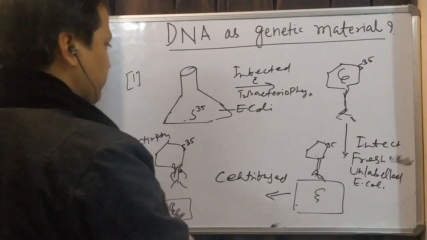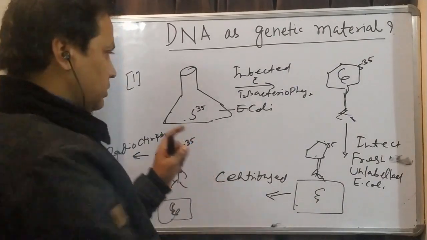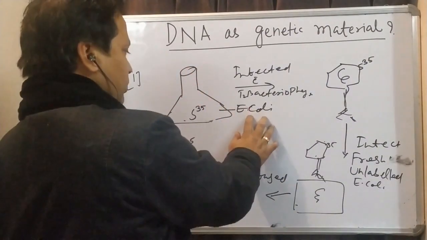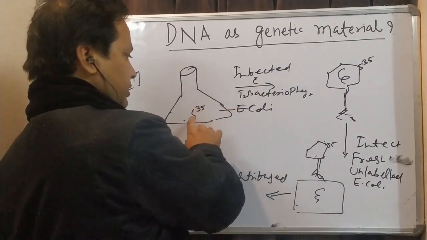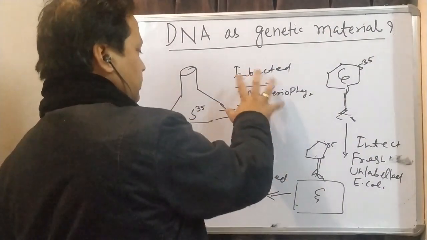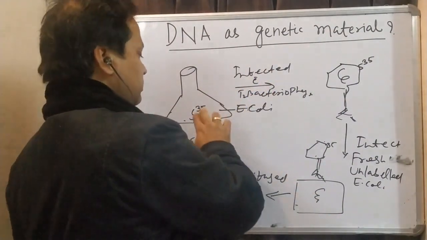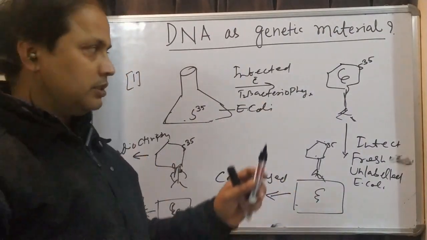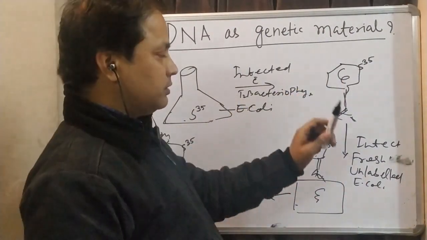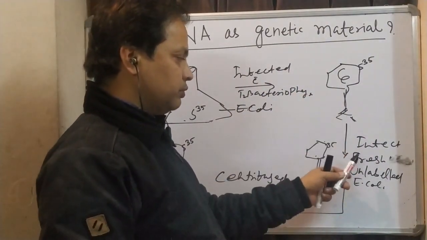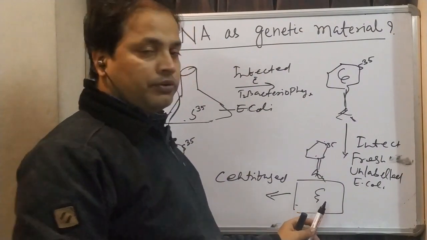In the second set of experiment, what they have done. So the first set of experiment, probably you understand it. They have grown E. coli in a media which contains sulfur 35, and this will be infected with T2 bacteriophage. This sulfur 35 will be used by the bacteriophage for their protein synthesis. So it is present in their capsid, not in the DNA. Now this freshly prepared bacteriophage will be used to infect fresh, unlabeled E. coli.